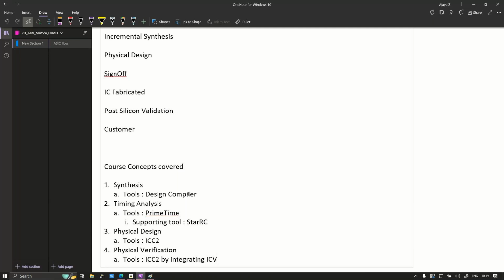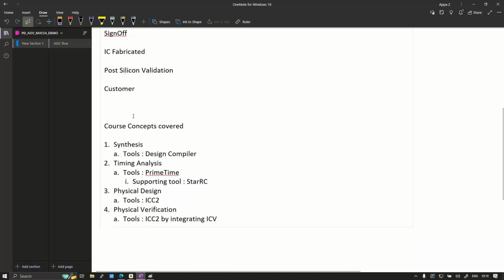By integrating ICV into the ICC2 tool, we are going to be performing the physical verification related checks. Okay, so these are the courses covered. And when it comes to the basics, as I discussed already, analog, digital, and when it comes to coding, Linux, Tcl, and also the basic terminology before going into advanced, we will have that covered.